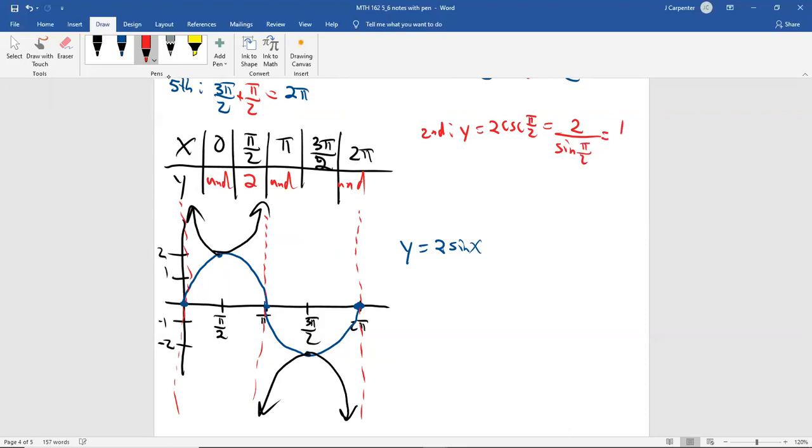Sine of pi over 2 is 1, so that's 2 over 1, which is 2. You can look at the unit circle and confirm that at 90 degrees, the y value is positive 1. And that makes this one negative 2. And there we go, there's our graph. So in black is y equals 2 cosecant of x.